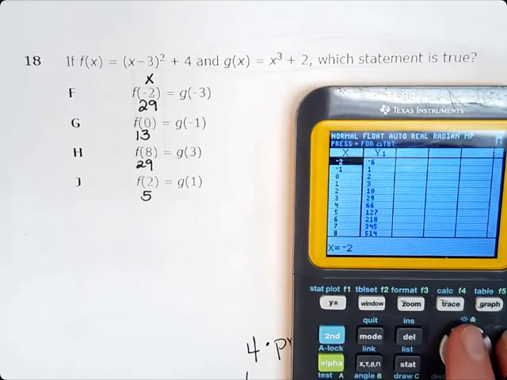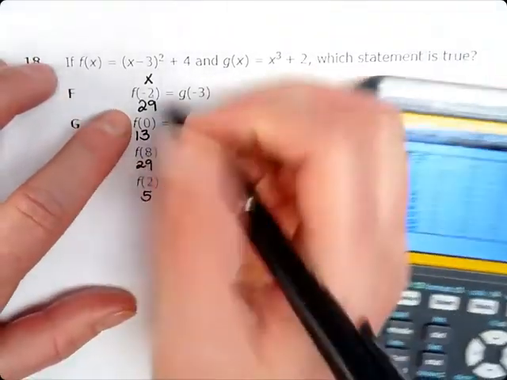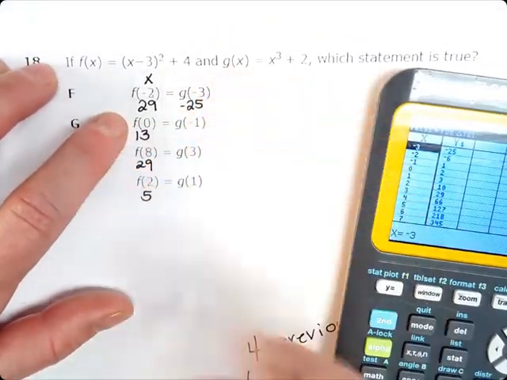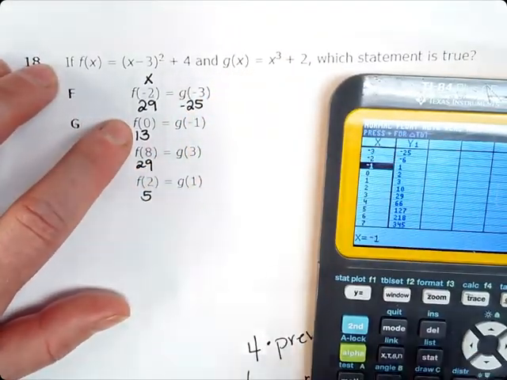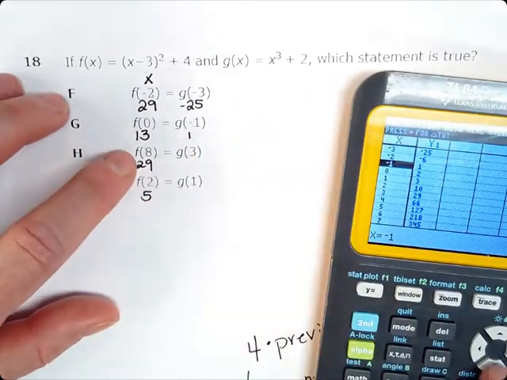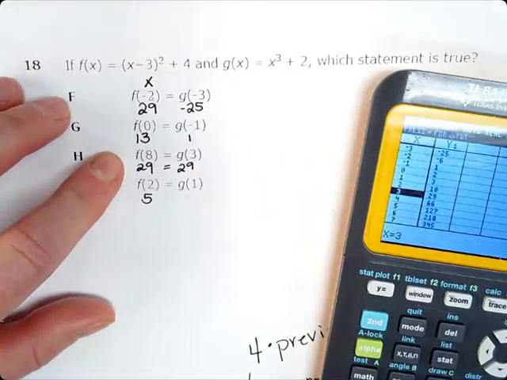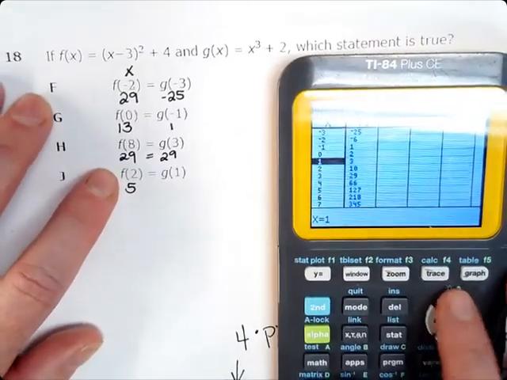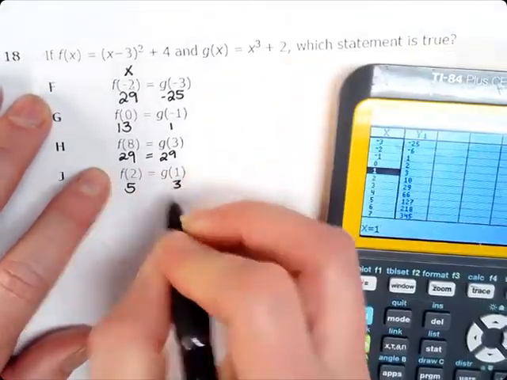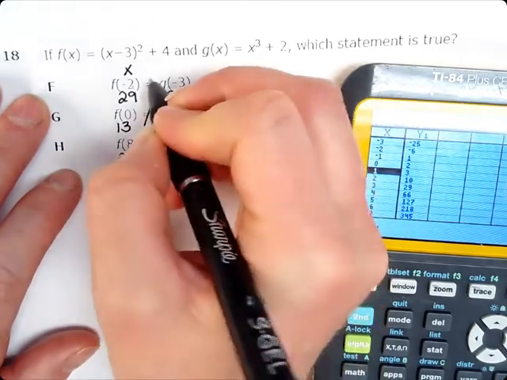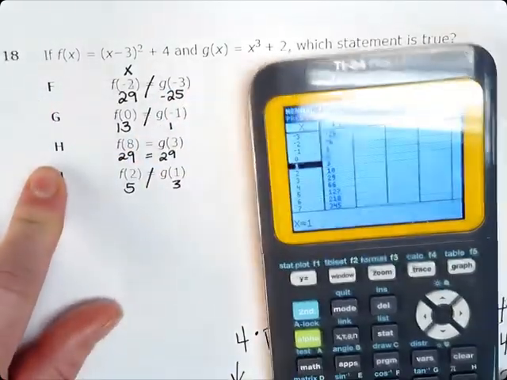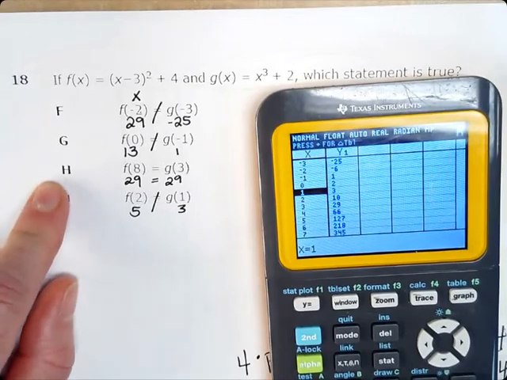And we want g of negative 3. It's negative 25. G of negative 1 is 1. G of 3 is 29. Ding, ding, ding. There it is. And then g of 1 is 3. So these are not equal. The only one that is equal to the same is H.